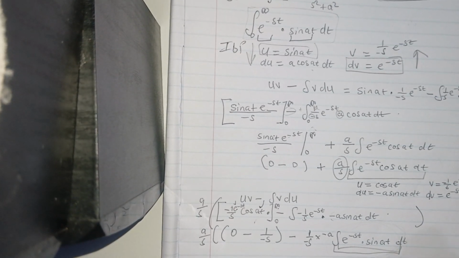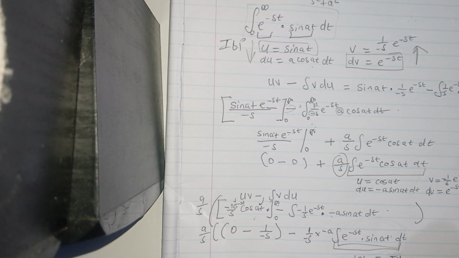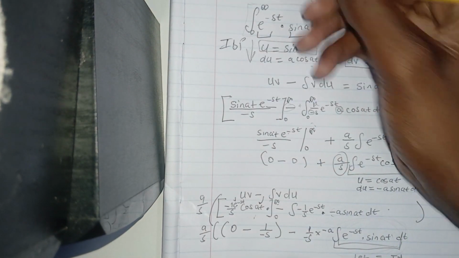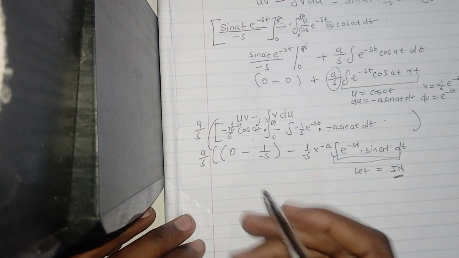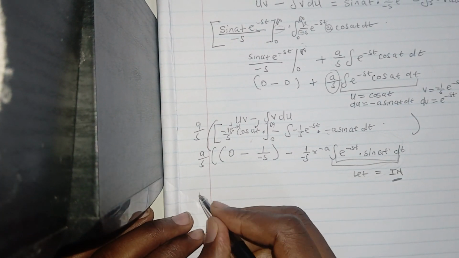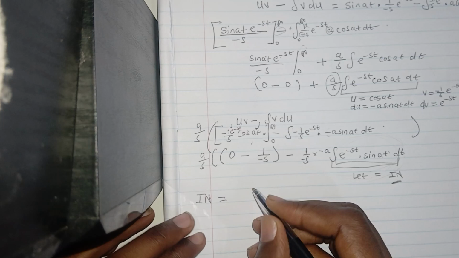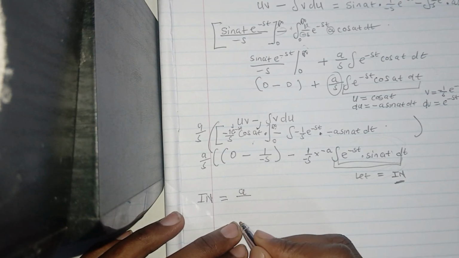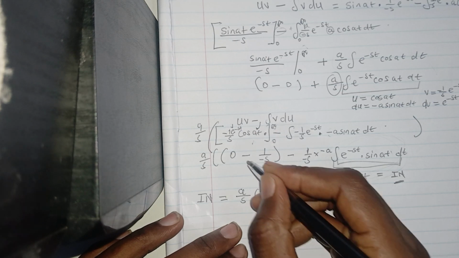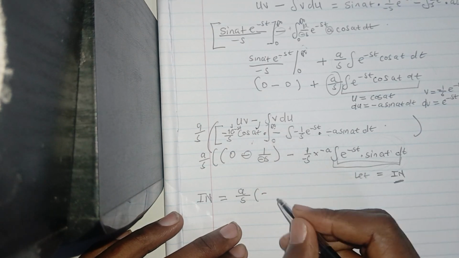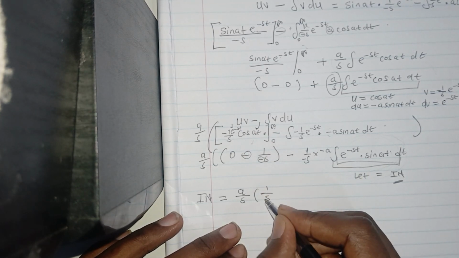So this one is equal to this, and this one is also equal to what we have, right? So now we're going to have something like this. Let's say I_n is equal to a over s, so this negative with this will give us positive, so it's 1 over s.